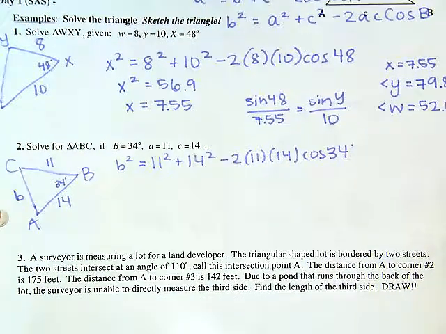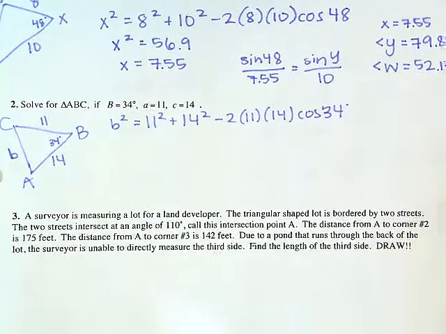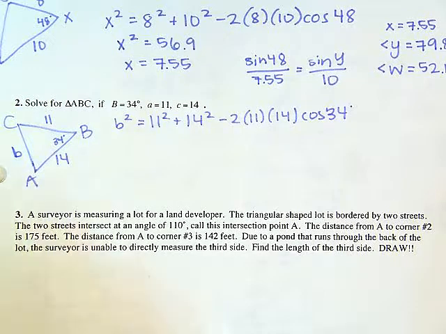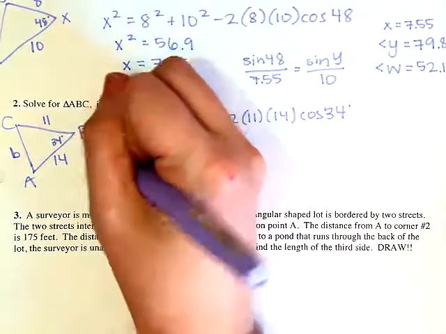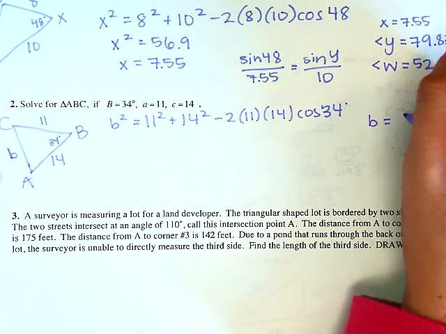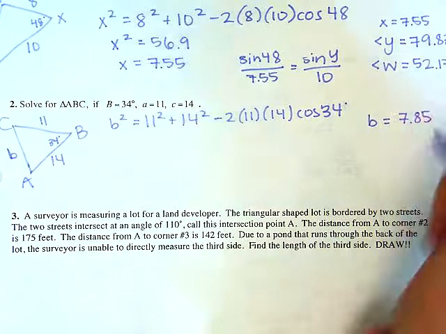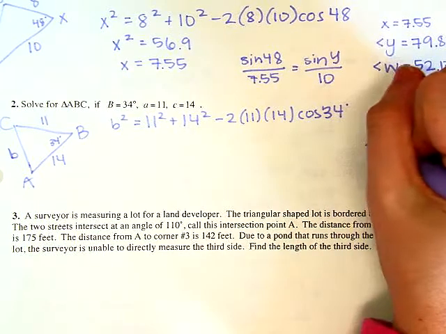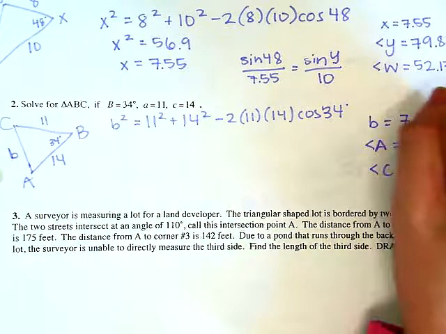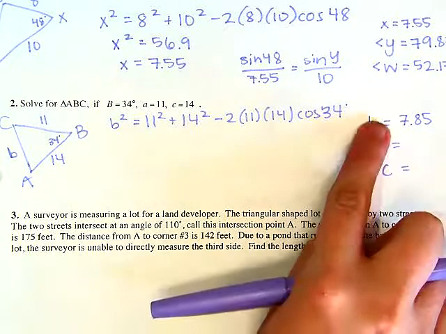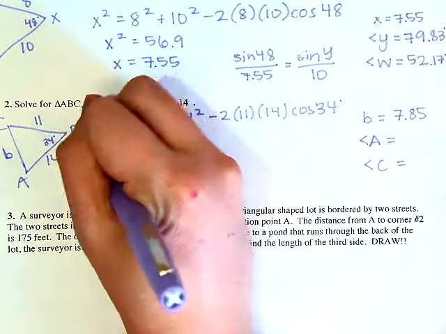Again, plug that straight into your calculator. Unless you got a funky Casio, I think. All the other ones work like that. And when I do that, I get B equals 7.85. Side B is 7.85. Now I need angle A and I need angle C. Once I have one match, I'm going to use law of sines.